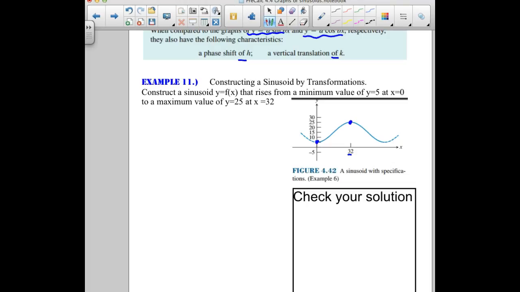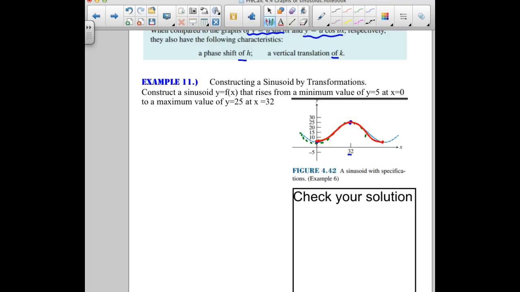Now, we can look at this and say it could be a sine or a cosine curve. It could be a sine curve that's been shifted. In other words, we could think of starting here, right? And using that as a sine curve, but we've had to do a phase shift. Or we can think of it as a cosine curve that's had what done to it? It's been flipped.